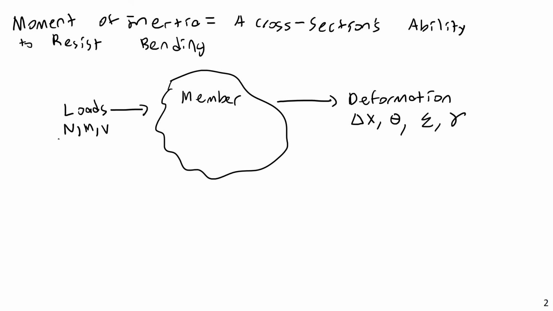For example, if I pull on something with a force of 5 kips, this would be tension or axial load, and it's going to undergo some deformation, primarily a strain, a change in length. We could look at that in terms of delta x or epsilon strain.